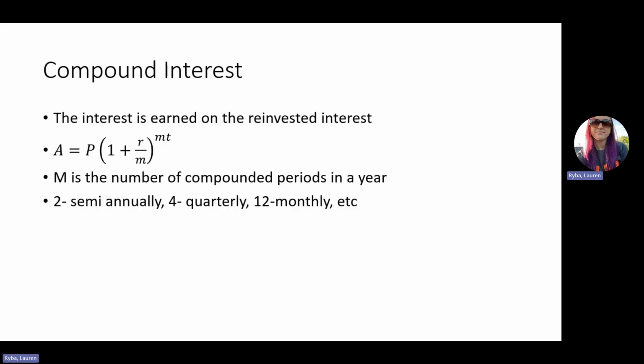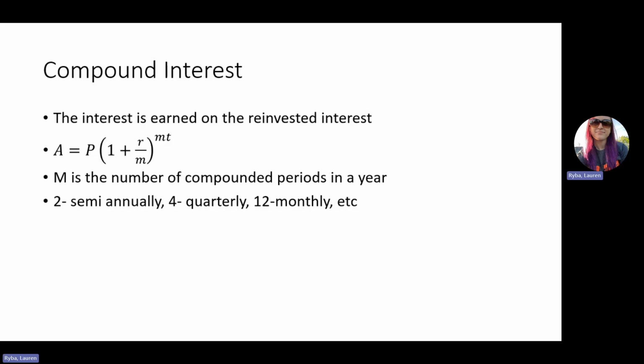It's generally not a whole lot, maybe $1 or $2, depending on how much you have in the account. And that interest is then added to your account. And then the next month, the interest you earn is based off of the money you have plus the interest that you earned. So that interest is being reinvested. It's being compounded on top of the previous interest that you've earned.